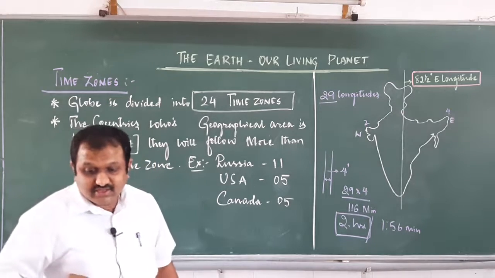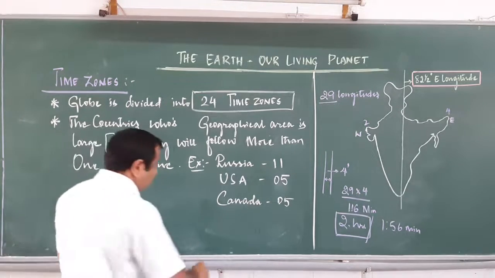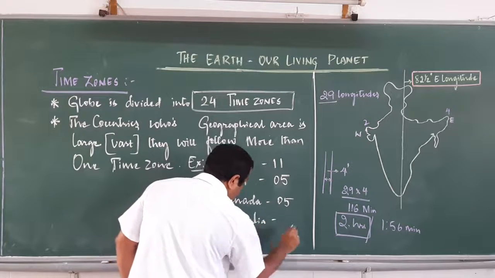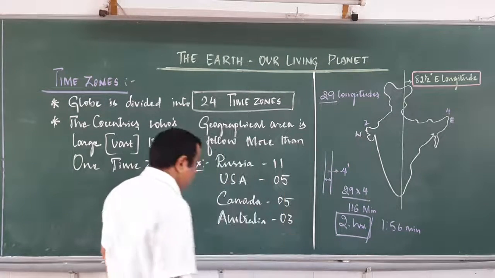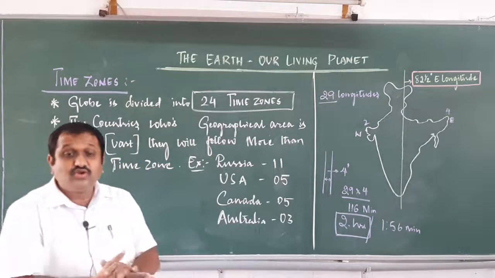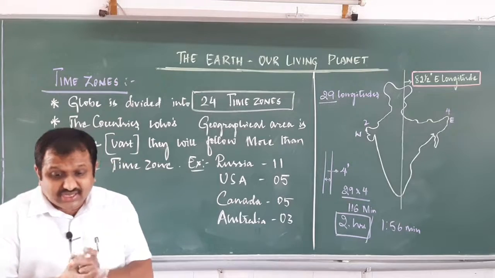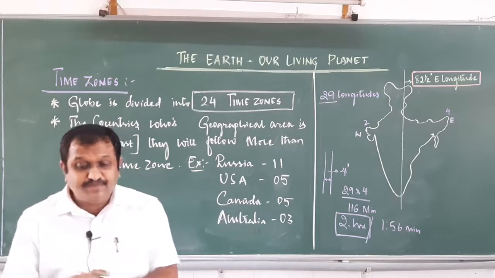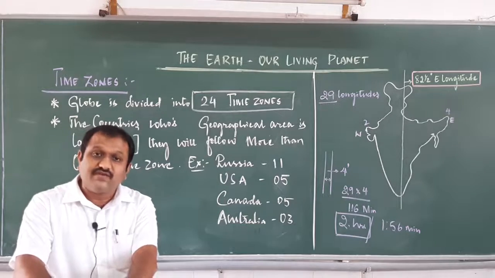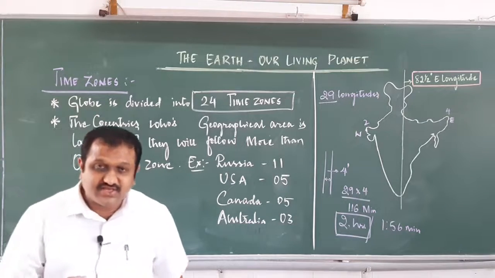Like that, Australia has 3 time zones. Even China has 2. So like that, there are so many countries that follow more than one time zone because of their geographical vastness.